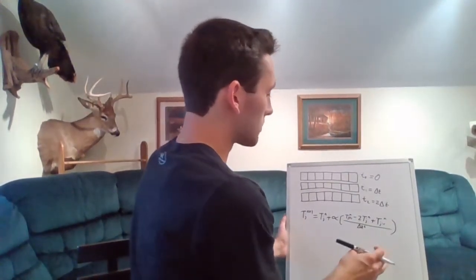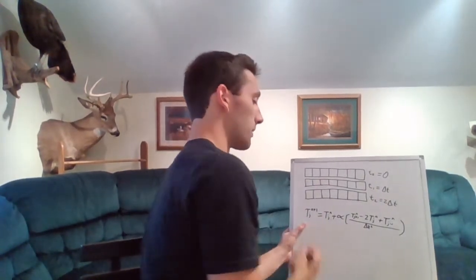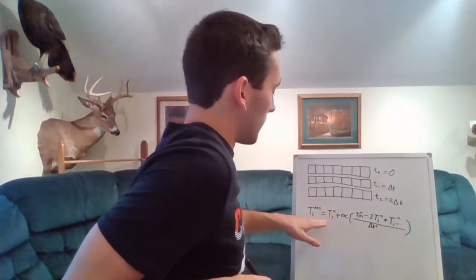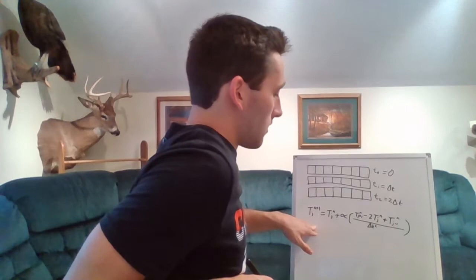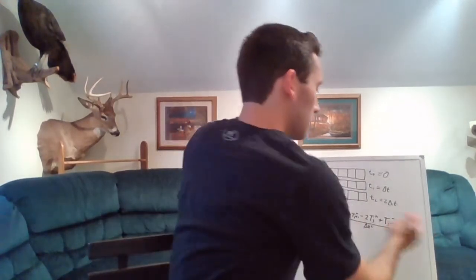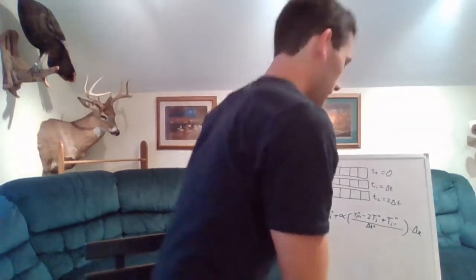And we also, because on this side, if you remember, we had tjn plus 1 minus tjn over delta x. Well, we can't forget about us multiplying by the delta x, so this will also be multiplied by delta x.